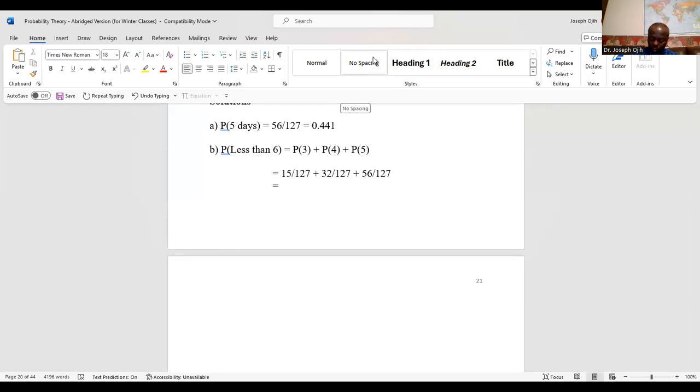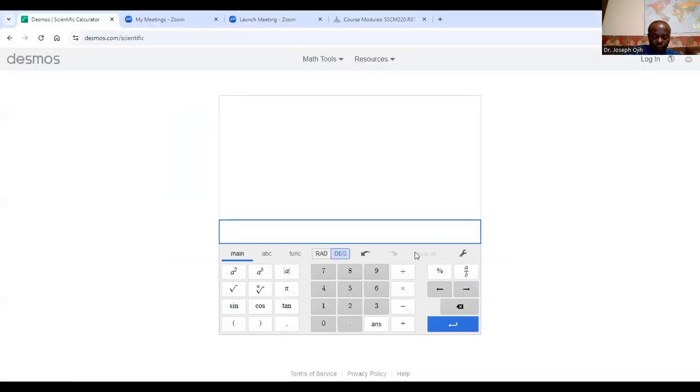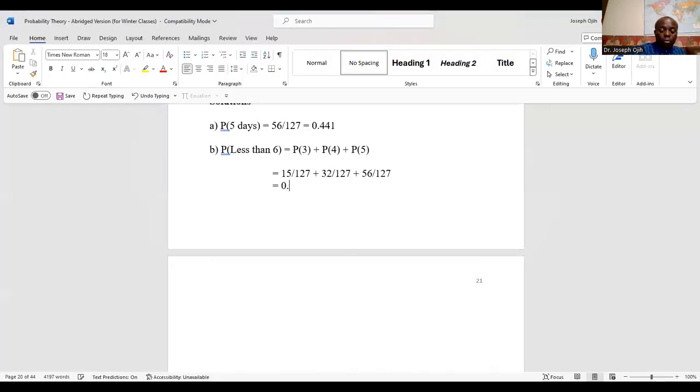So we got 15 divided by 127 plus 32 over 127 plus 56 over 127, which is 0.811.